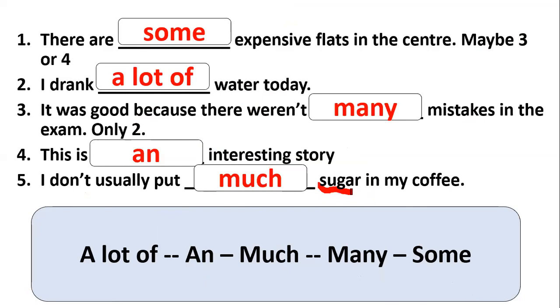So normally, the uncountable words are going to be in singular. For example, sugar, water, they are uncountable. But flats, mistakes, oranges, apples, the words are in plural. So it means that I can count. Okay.